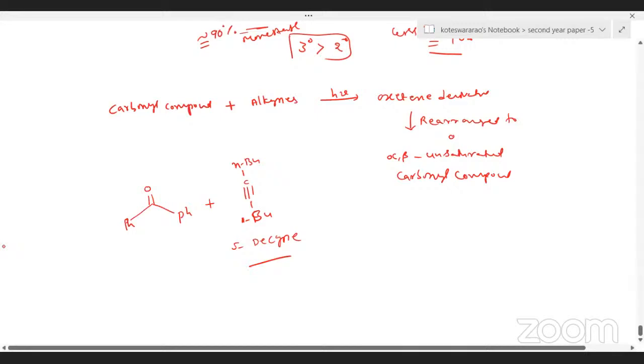Right. Now this undergoes the Paterno-Buchi reaction, which leads to the formation of an oxete derivative. The product is like this. Here it is a symmetrical alkyne, that is the reason the product also has a butyl group here.